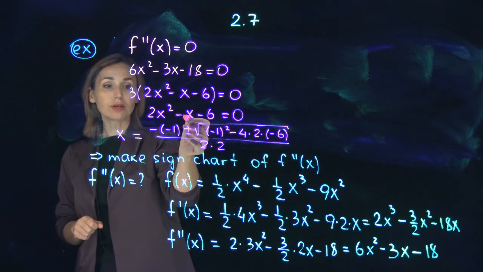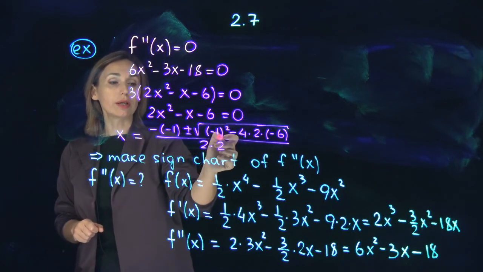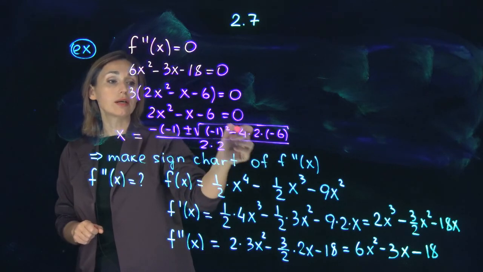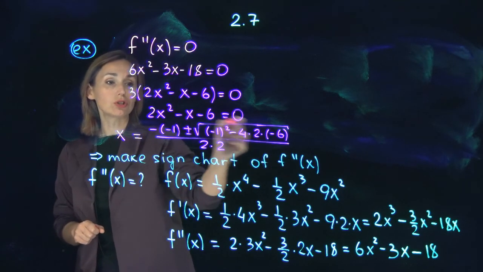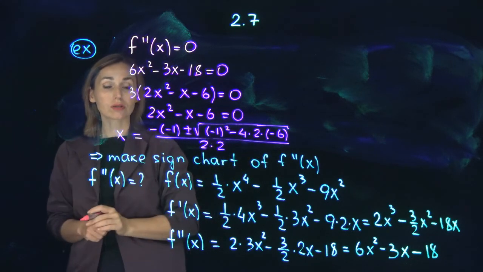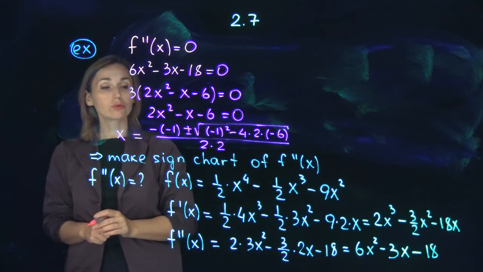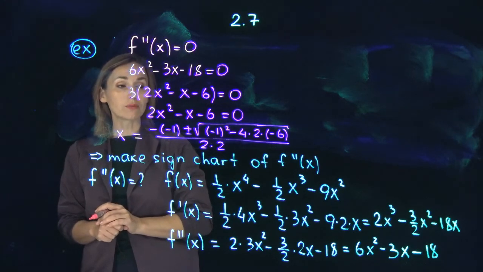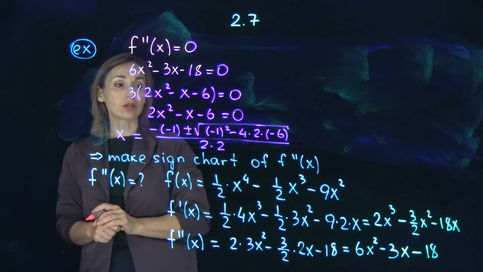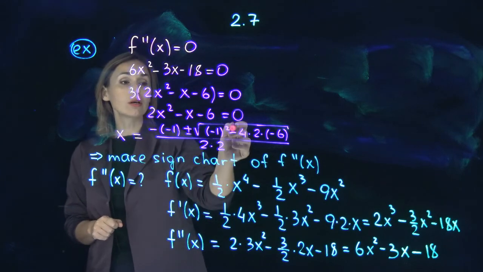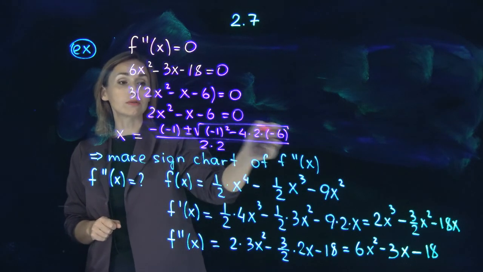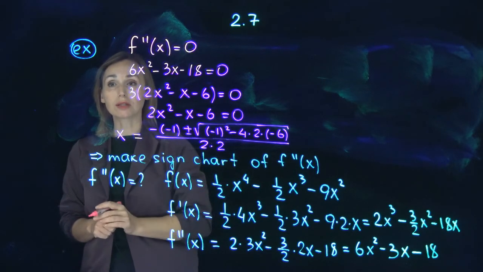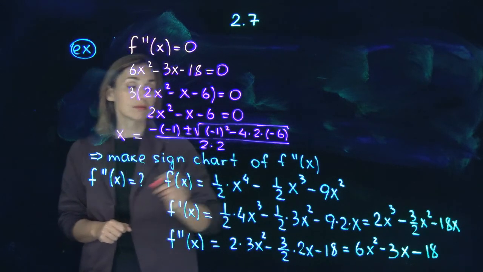Negative b, negative negative 1, plus minus square root of negative 1 squared minus 4ac, minus 4 times 2 times negative 6. Under the root, you get positive 1, and 4 times 2 is 8, 8 times 6 is 48, positive because both signs are negative. 1 plus 48 gives 49.